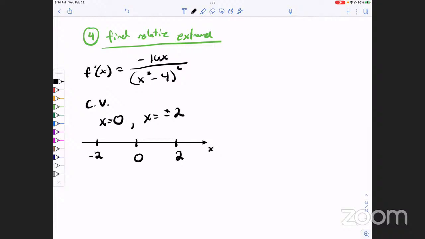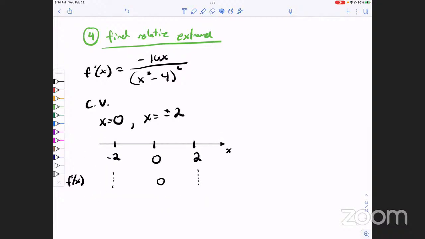And we want to look at these in the first derivative, so in f prime of x. Plugging -2 into the first derivative, we got undefined. What we want to do is test numbers, because this is going to tell us whether the function is increasing, decreasing, or constant. So we want to test a number to the left of -2.